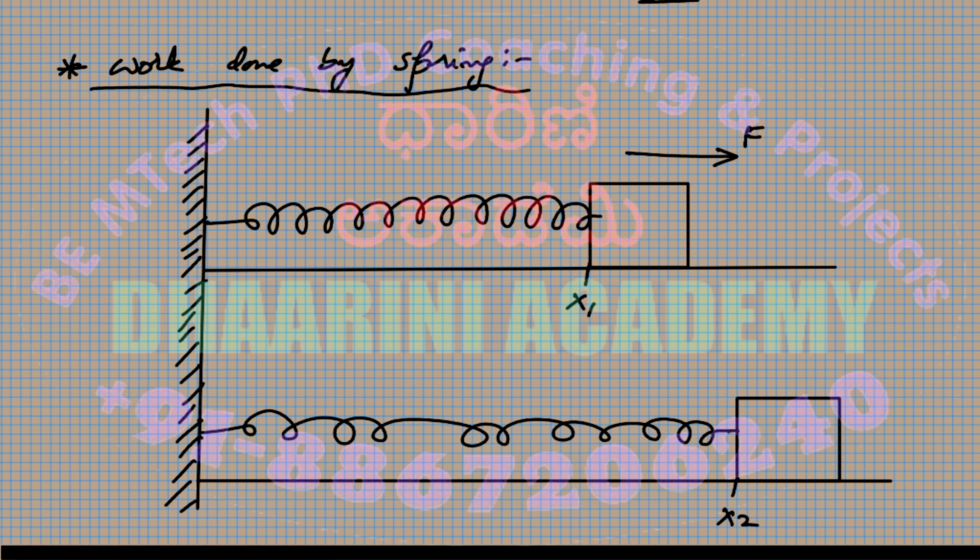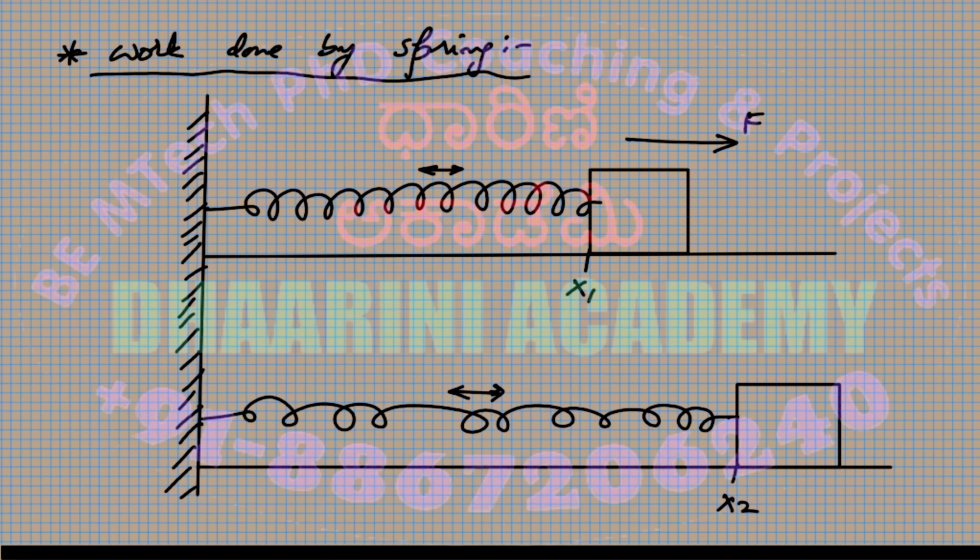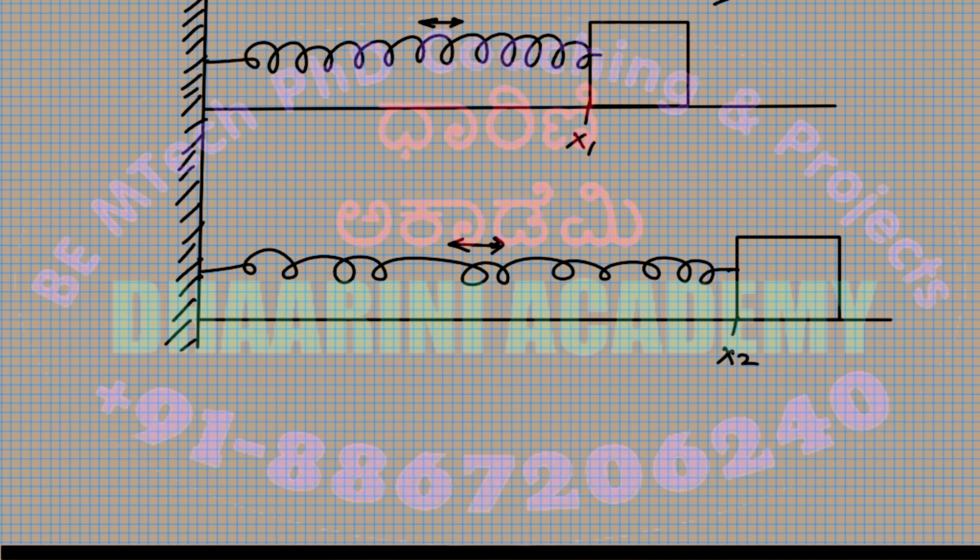Because of this force, the object has moved. But you see, the spring actually has a tension in it, right? The tension over here. Because of this, it will not move normally as it would when there is no spring. Right. So the spring is going to do some work over here.